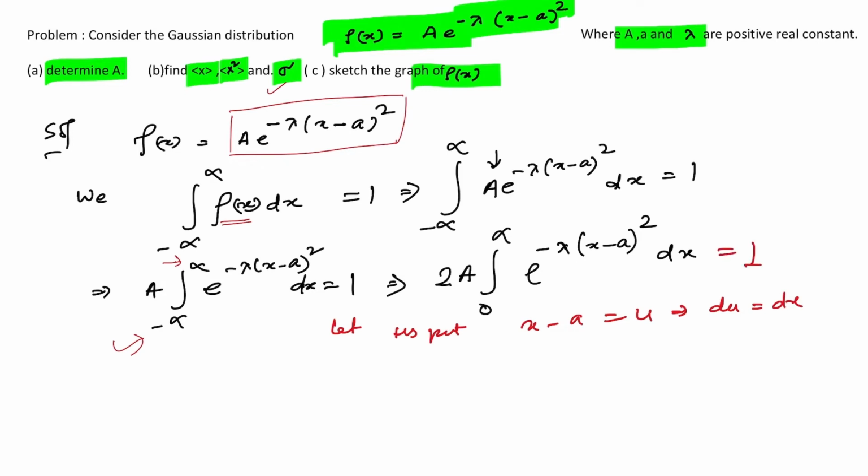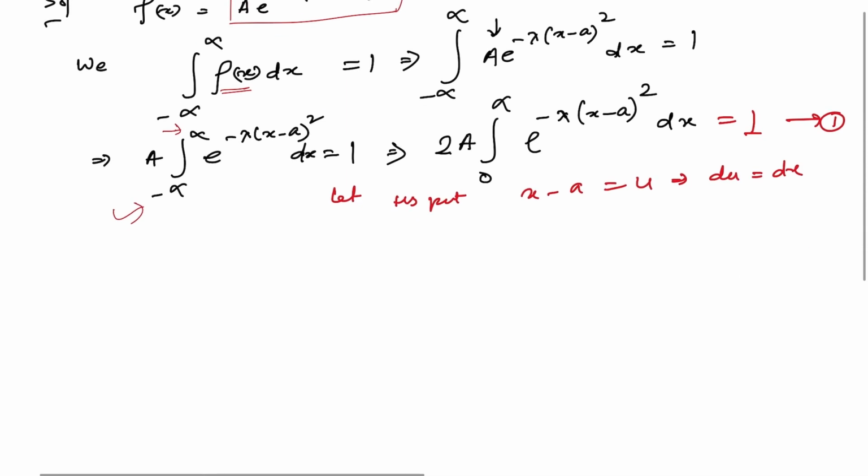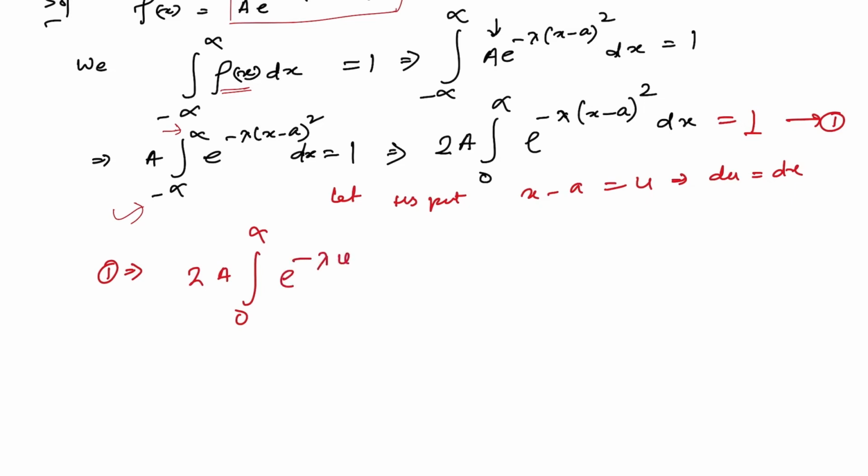If you put it in this equation, suppose this is equation 1, then equation number 1 becomes twice a, integral from 0 to infinity, e to the power minus lambda u square du is equal to 1.